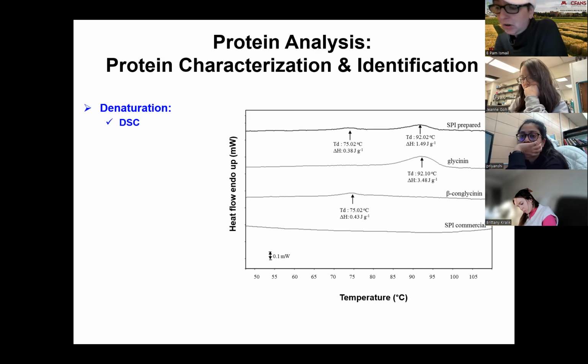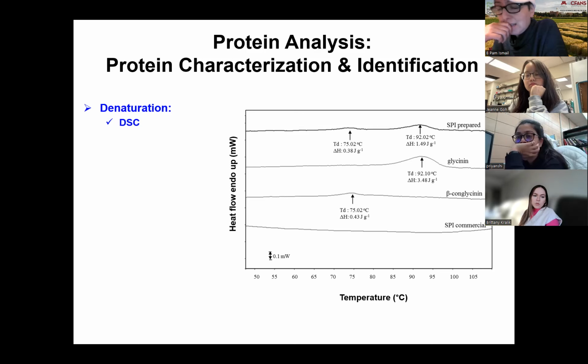What we try to educate folks in our research is you have to control these steps, or your protein is not only going to be denatured, it's going to polymerize. And that's why most of the pea protein we see in the market is polymerized, has low functionality. Let alone, to start with, pea has low functionality, and then if you abuse it that way, it will be even worse.